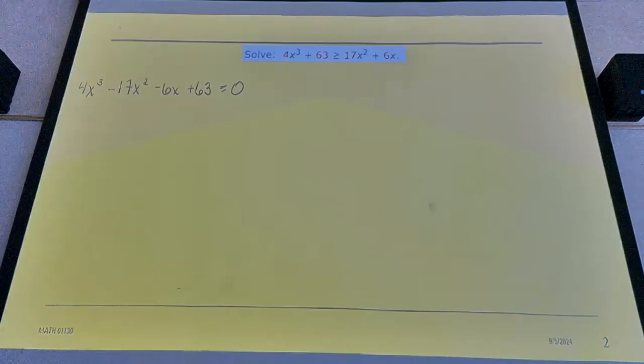Remember that? Breakpoints are wherever the expression is 0 or undefined. Well, the expression's a polynomial. Polynomials are defined everywhere. So we just have to solve that for 0. Those would be our breakpoints.